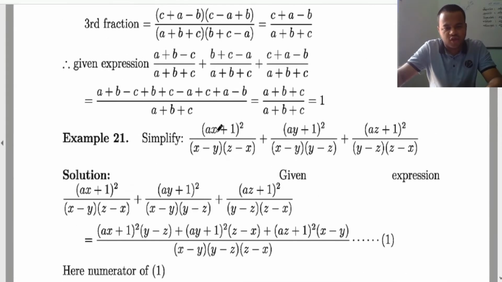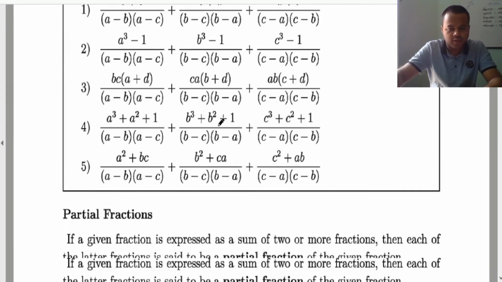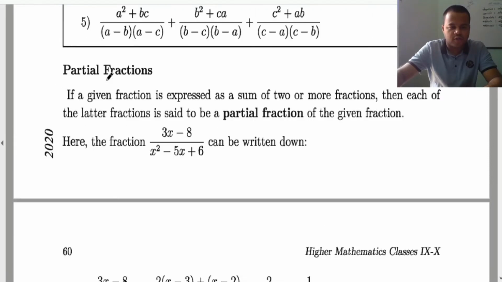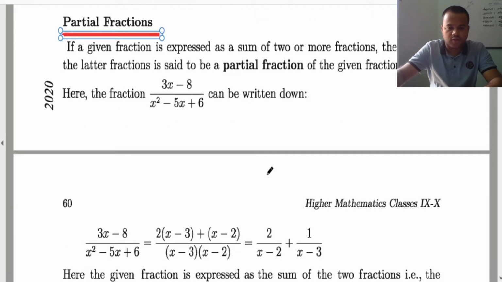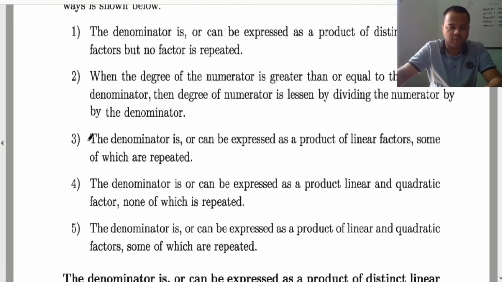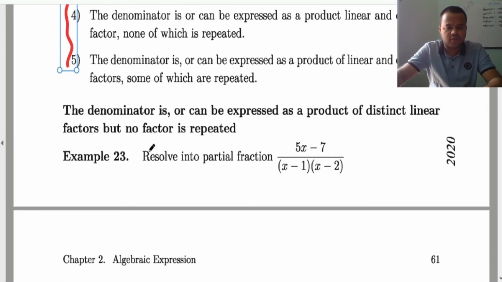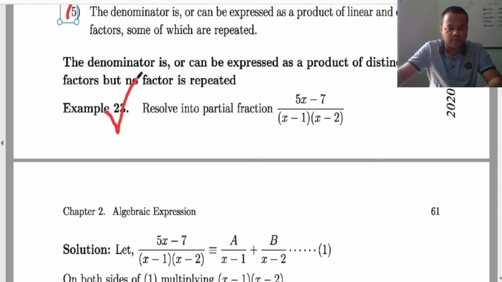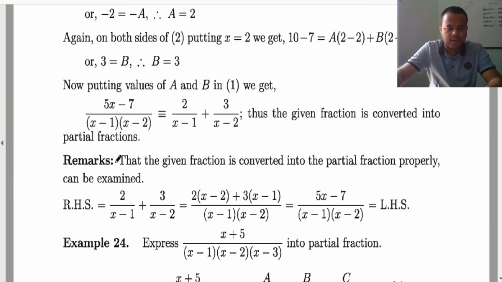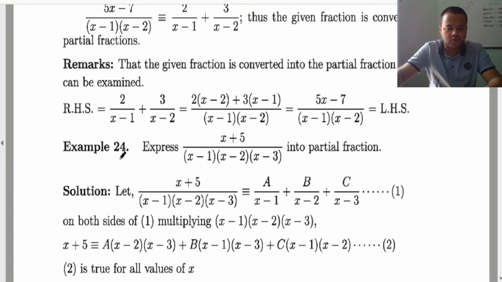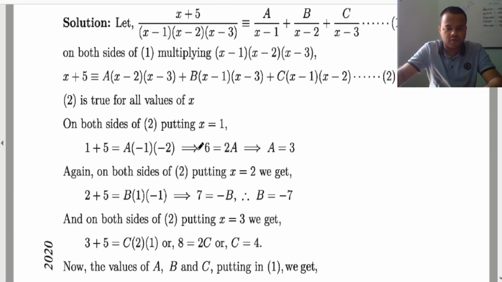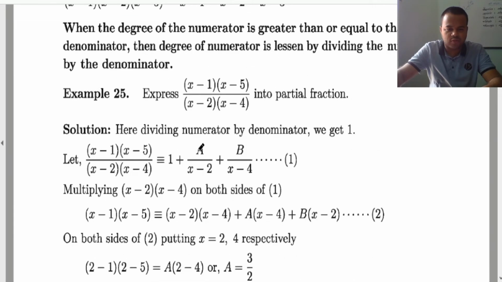Let's start with partial fractions. Here we have 5 types of partial fractions. You have to complete number 23, number 24. Number 24, I have already discussed these problems.